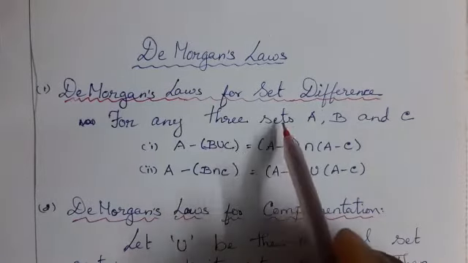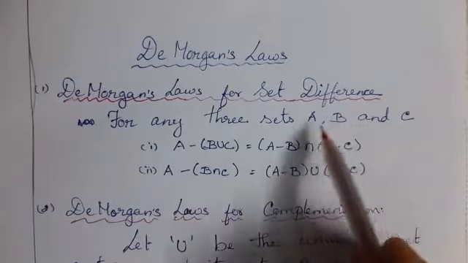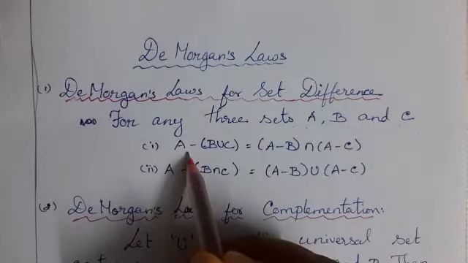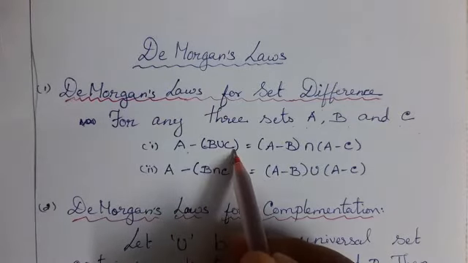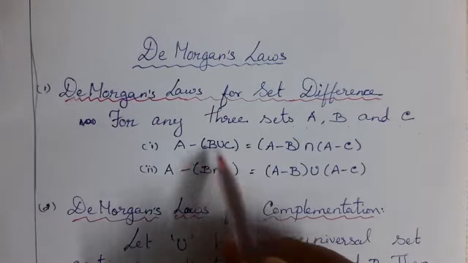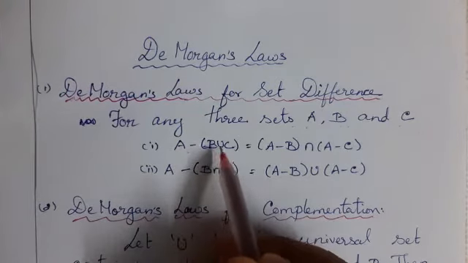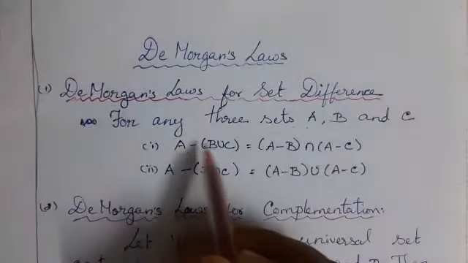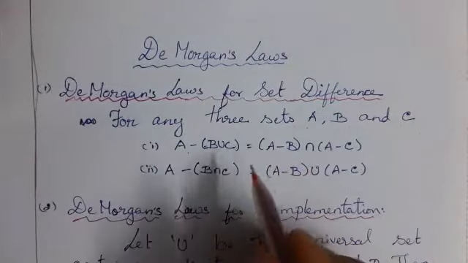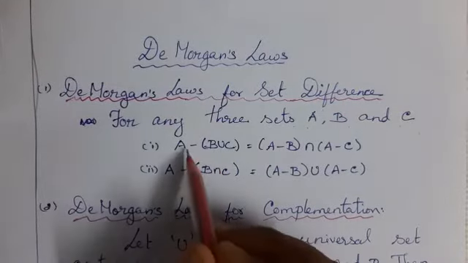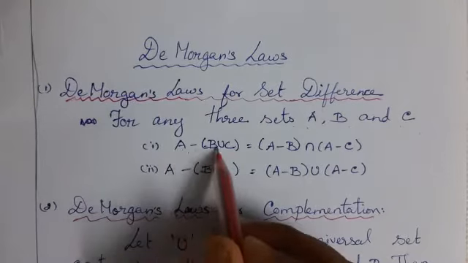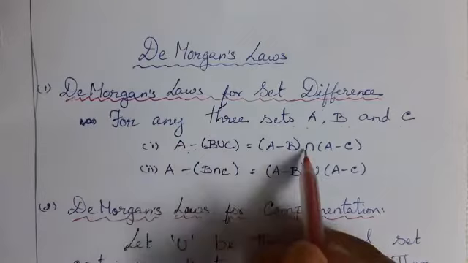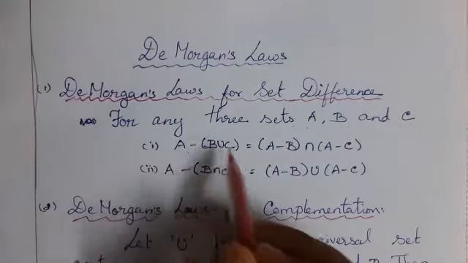For any 3 sets A, B, C, A difference B union C is equal to A difference B, union is changed into intersection, A difference C. Once again, students learn it yourself. A difference B union C is equal to A difference B intersection A difference C.